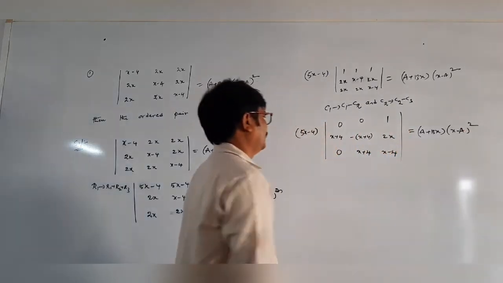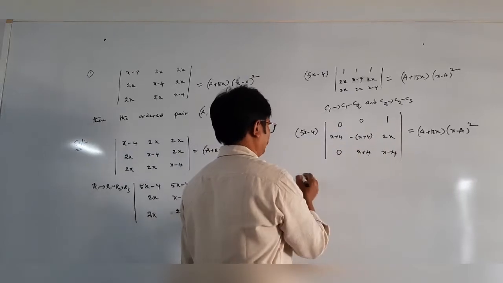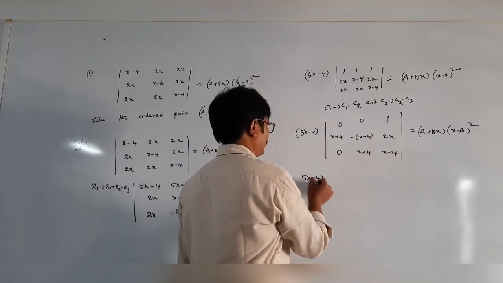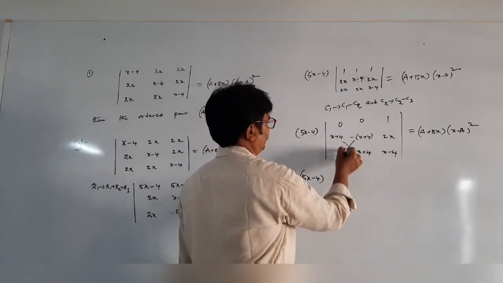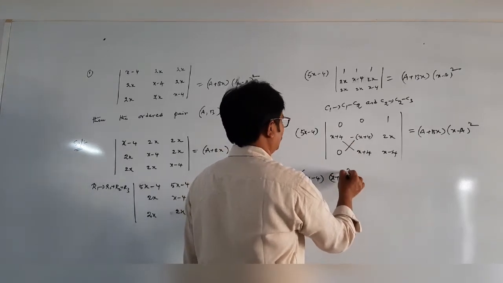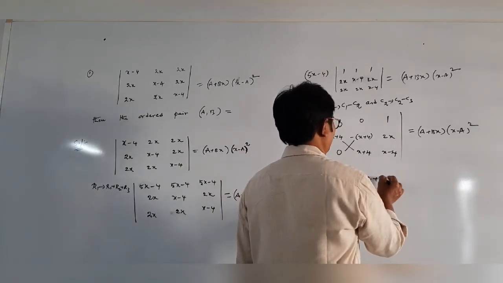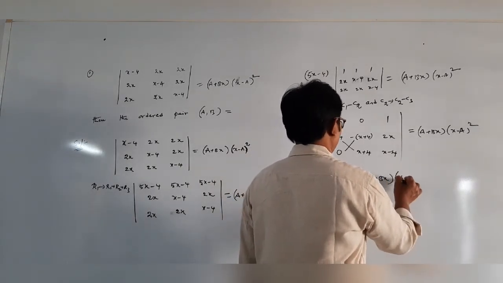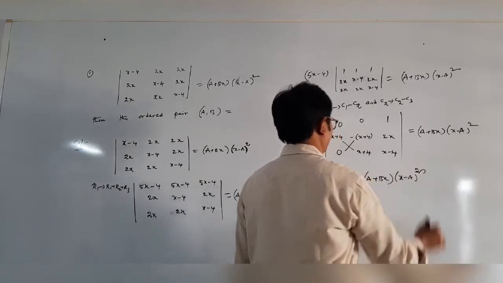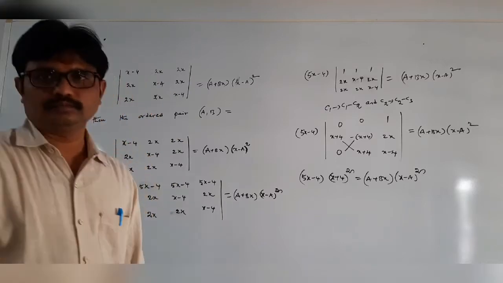Now we have to find the determinant. The first row element 0 into minus 0 into 1 into, that is 5x minus 4 into x plus 4 whole square. Then a plus bx, x minus a whole square. What is a? Minus 4. What is b? 5.